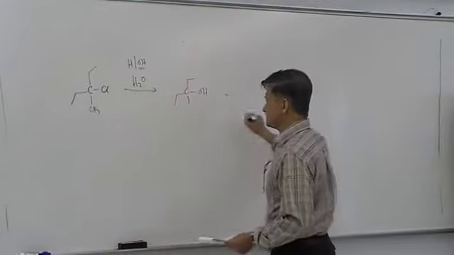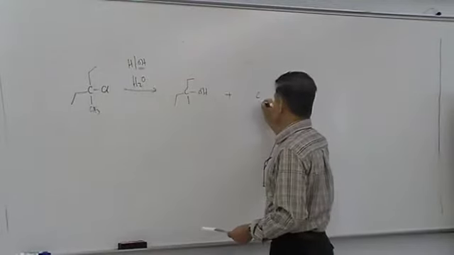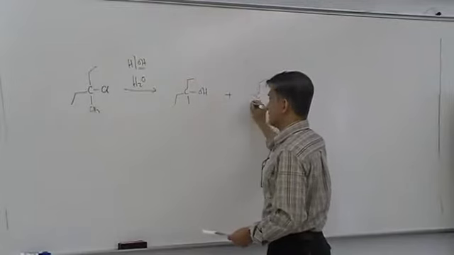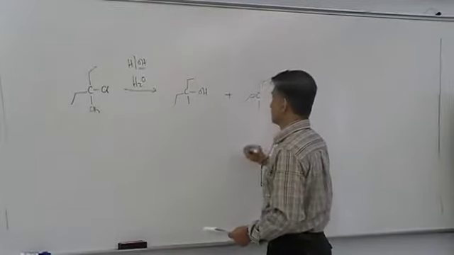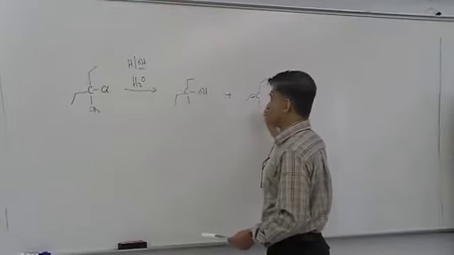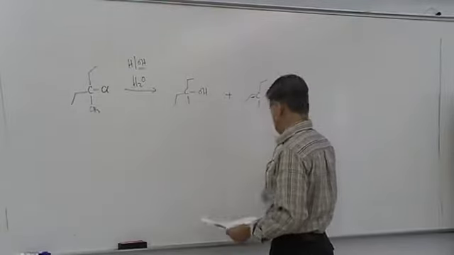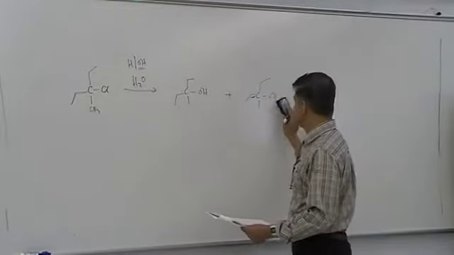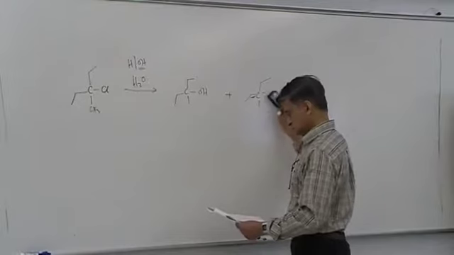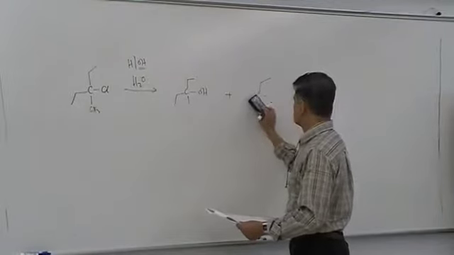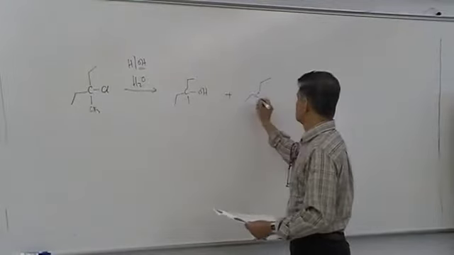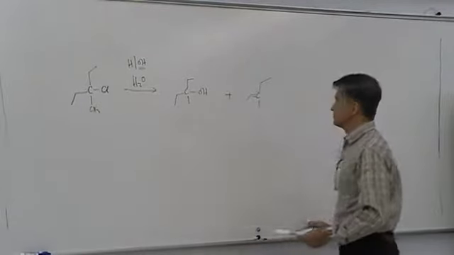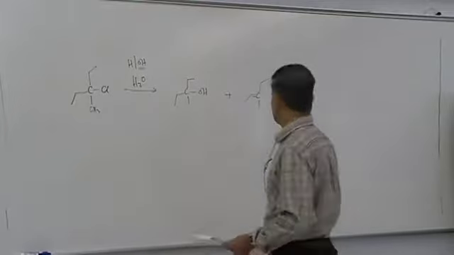The other product is C, and then you have a double bond here. Sorry, there's no OH here. This is the other product. Let me make sure that I haven't left out anything.